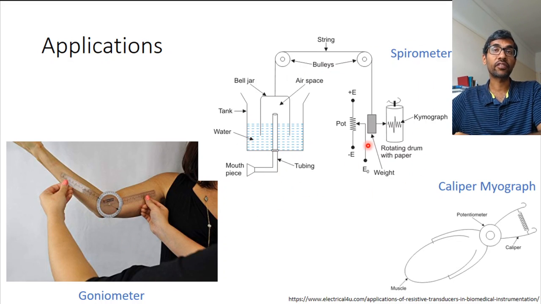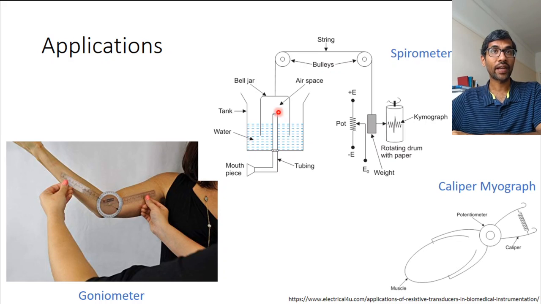Here's another application. This device is called a spirometer. A spirometer is basically used to measure the breathing of a person. So here's a mouthpiece, and as the person breathes in or out, the pressure inside this area changes, and because of that, this bell jar moves up and down.